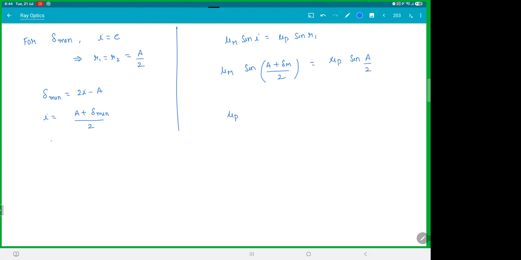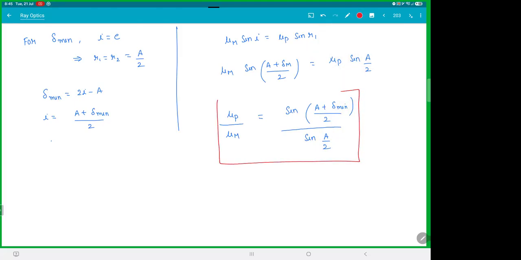There. So we get mu prism by mu medium equals sin of A plus delta minimum by 2 divided by sin A by 2. This is an experiment to find the refractive index of the prism. If the outside medium is vacuum, then mu m will be 1. If you have some medium there, it will be mu m.